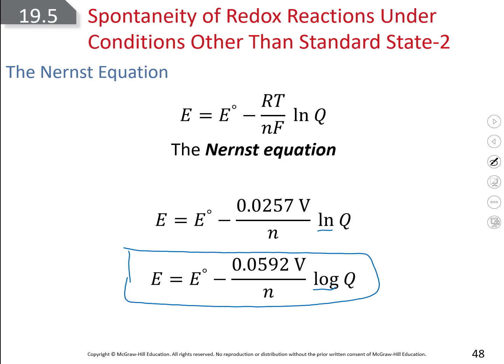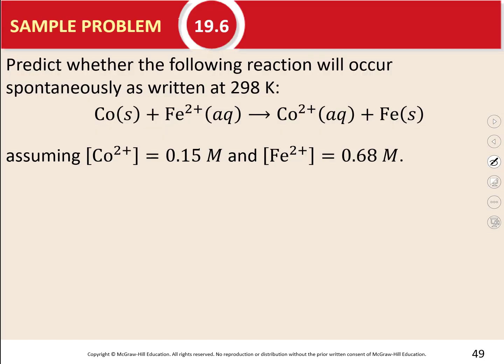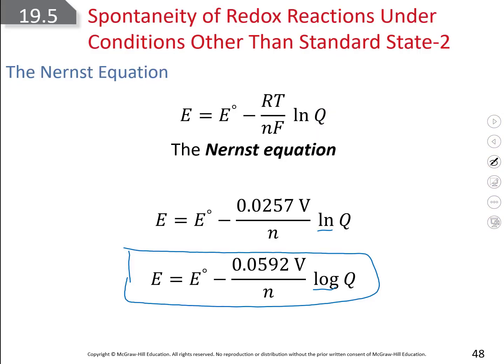So let's look at this in terms of an equation. Now, remember, in standard states, what was the concentration of all ions? 1 molar. So Q at standard state would just be what?